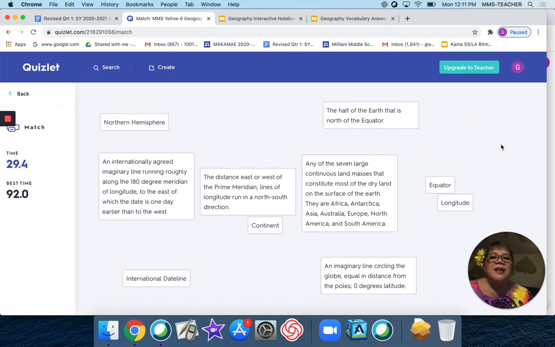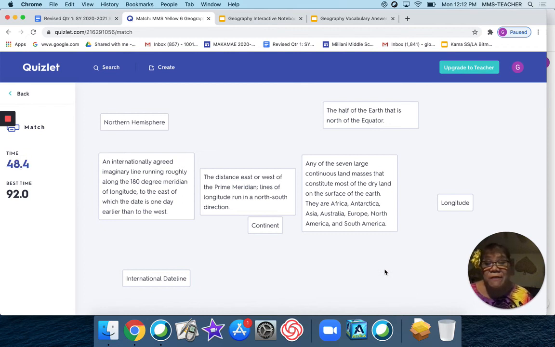Let me go ahead and read the next one. An imaginary line circling the globe equal in distance from the poles, and it's also 0 degrees latitude. That sounds like the equator. So I'll click on the equator and move it on that definition, and it disappears. If it is correct, it'll disappear. So your goal is to make all of that disappear.